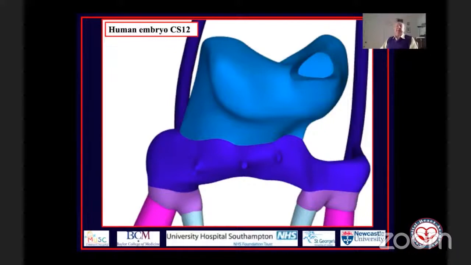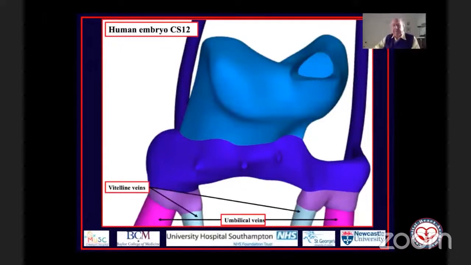So here we're looking at Carnegie stage 12. And I've segmented here for you the atrial component along with its venous tributaries. There in purple, you see the umbilical veins, which are bilaterally symmetrical. And there in gray, you see the vitelline veins, also bilaterally symmetrical.